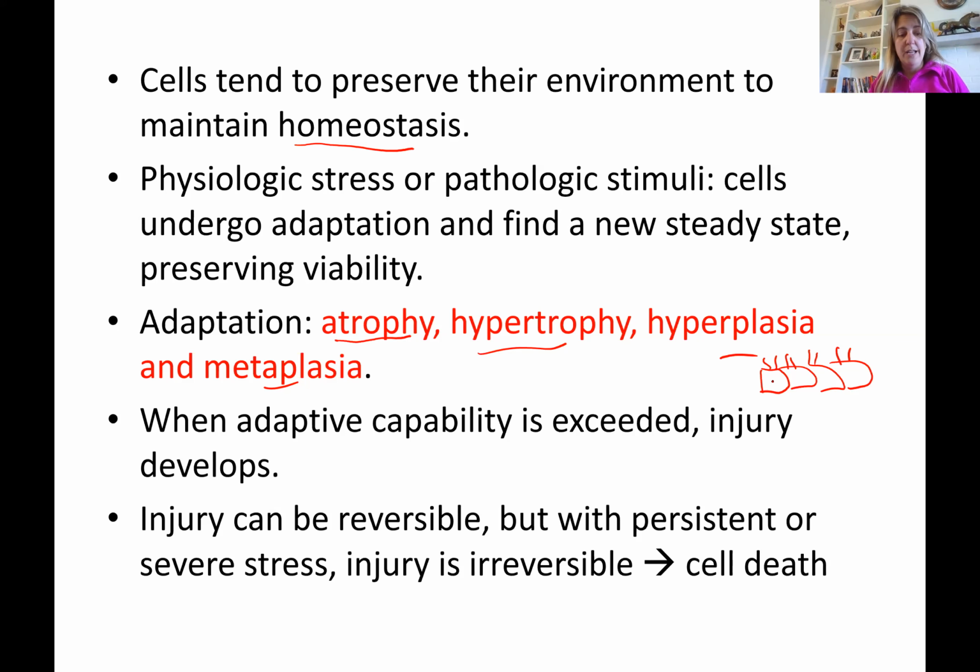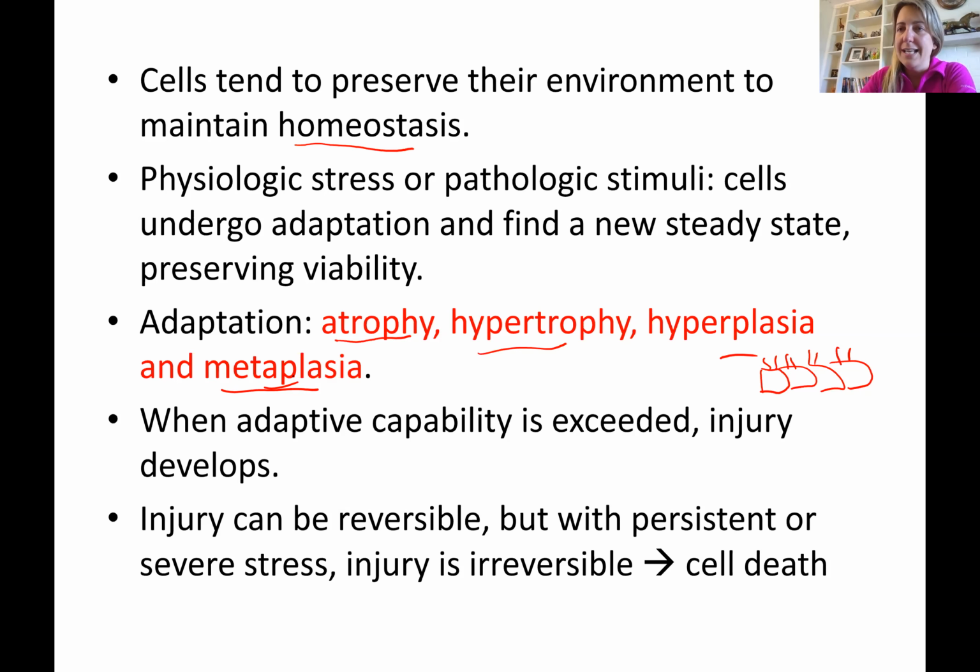Now, cigarette smoking. As you all know, cigarettes have toxins and they kill the cells. So instead of just killing the cells because it's toxic to the cells, what the body does, in a way to adapt before you actually get more serious side effects, is what we call metaplasia.